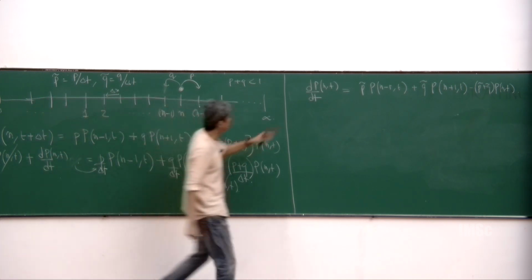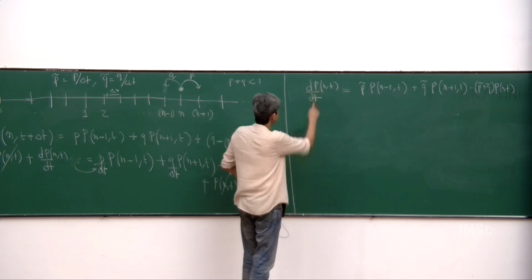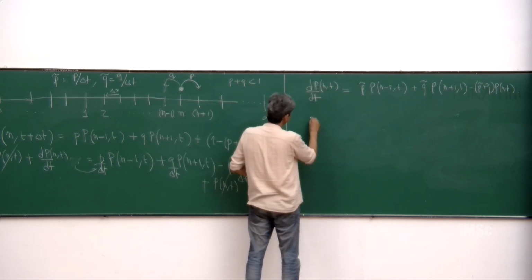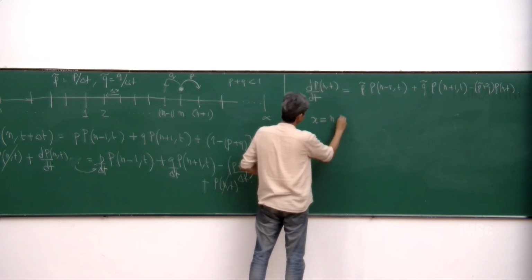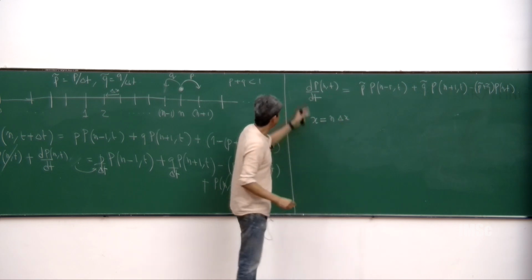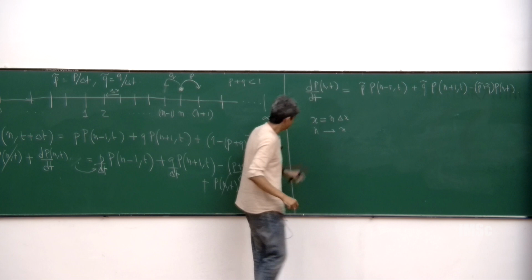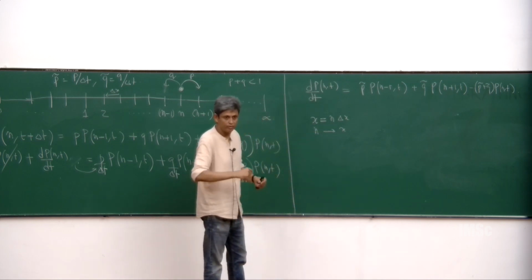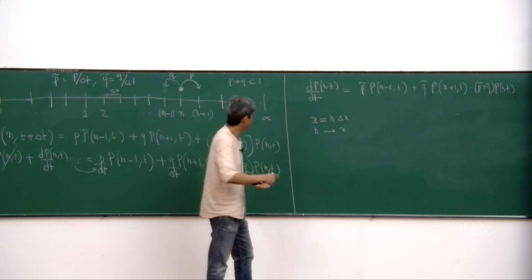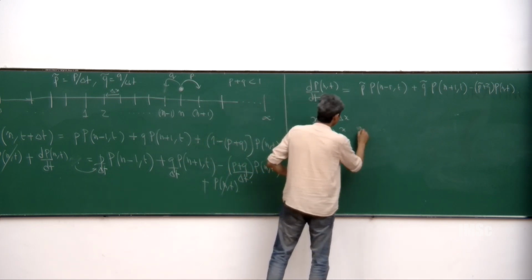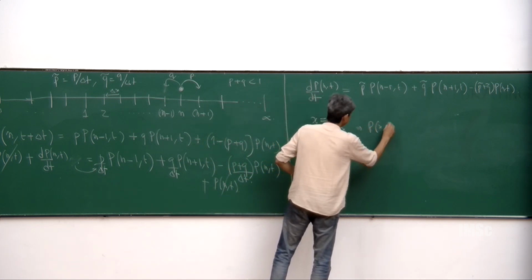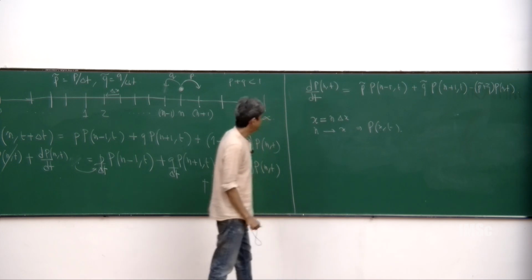So from this definition I can write x equals some n delta x and go from n to the x definition. So now instead of discrete hopping, I am looking at continuous movement. So clearly I should write it as p of x, t.